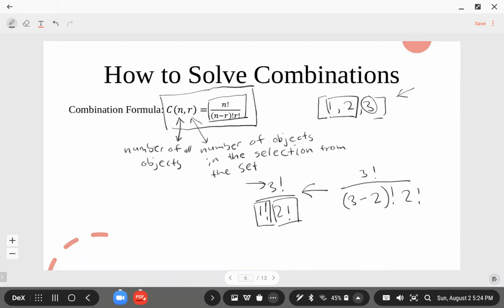Factorial is basically the permutation of it, and with factorial, order matters, but in combination, order does not matter. So that's why we divide by 1 factorial, not 1, because we don't want the order. We divide by the factorial, so the order is gone.